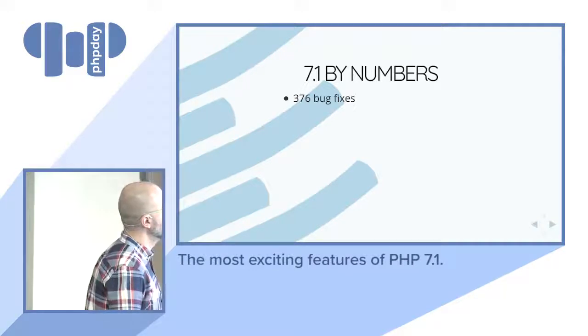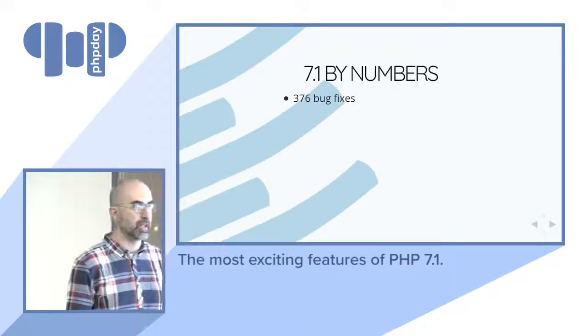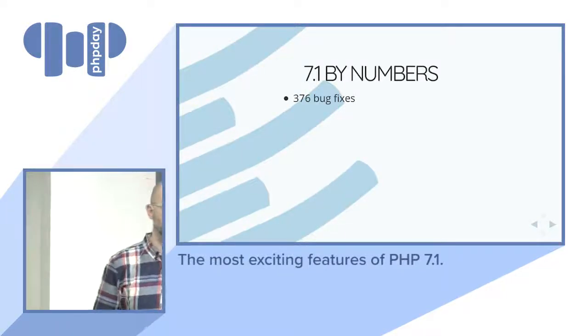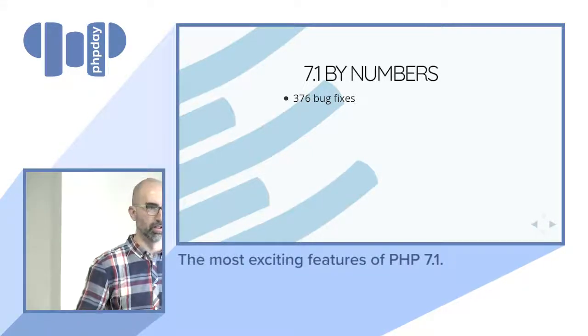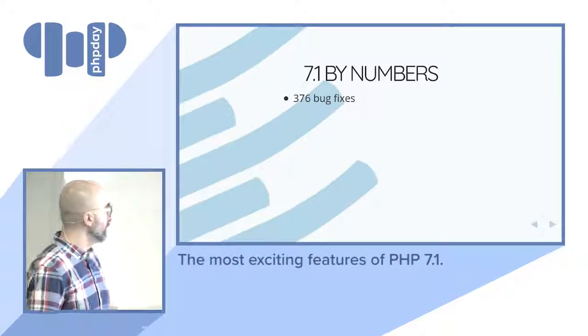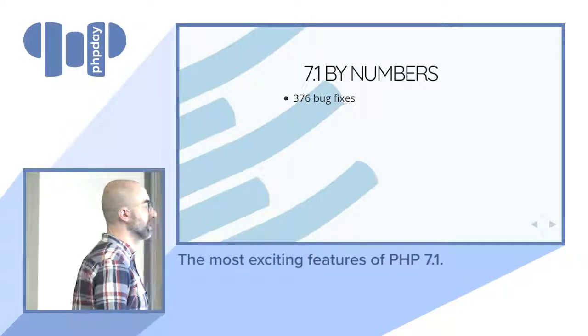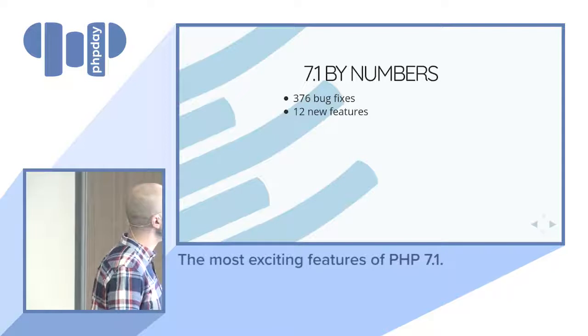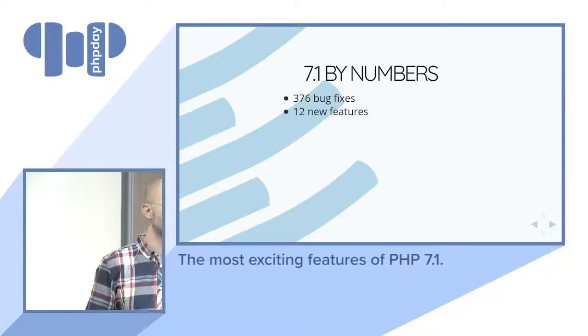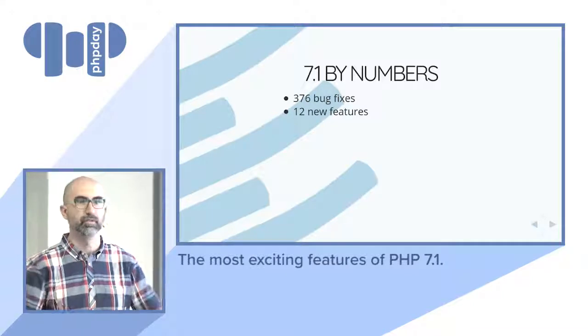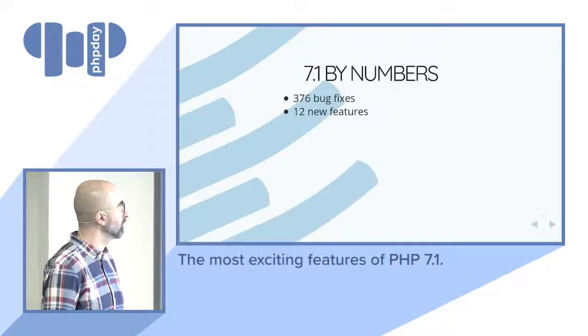By numbers. As usual, the .1 release after a major release is very important because they do stable stuff, bug fixing. In fact, they fixed more than 300 bugs. They added 12 new features, and this is the goal of my presentation, to present you the new features of the language.